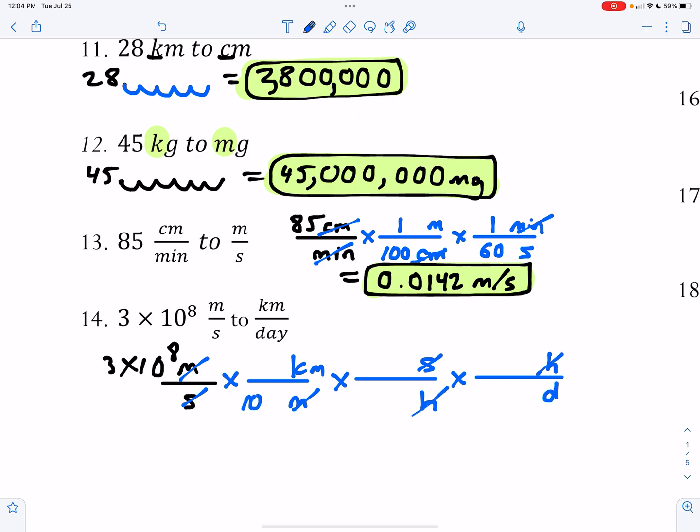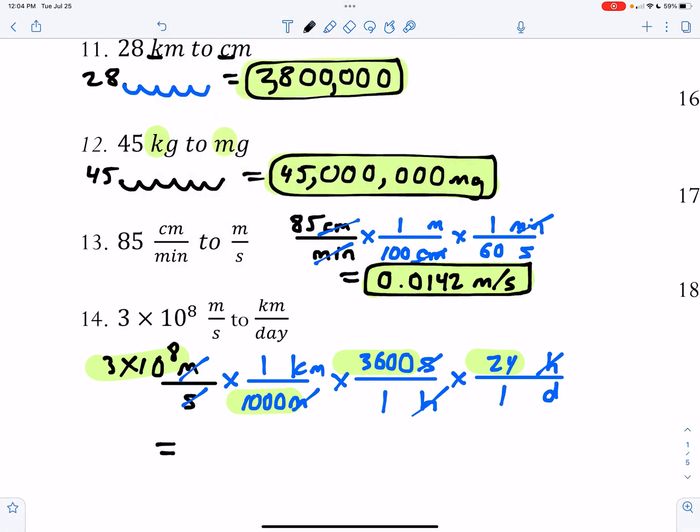There are 1,000 meters in 1 kilometer. There are 3,600 seconds in 1 hour. There are 24 hours in 1 day. So what you'll do is you'll multiply this times this times this, and then we'll divide by 1,000.